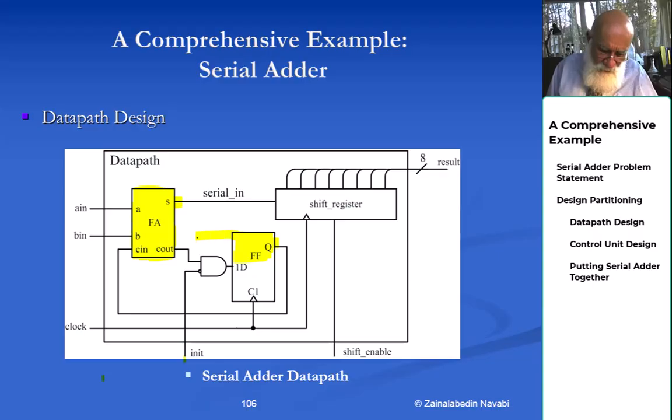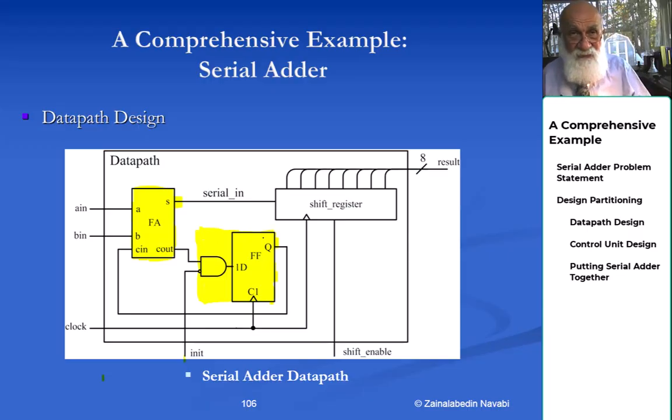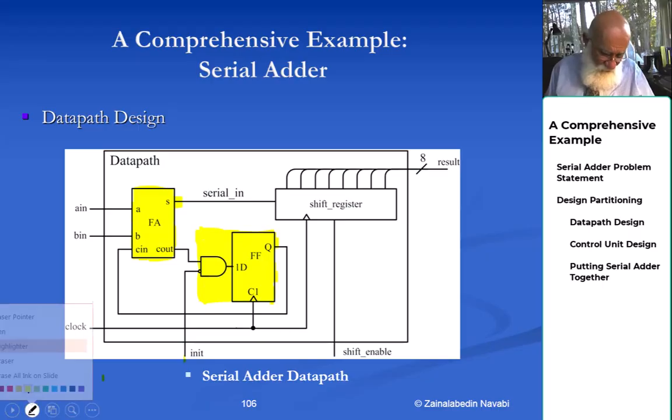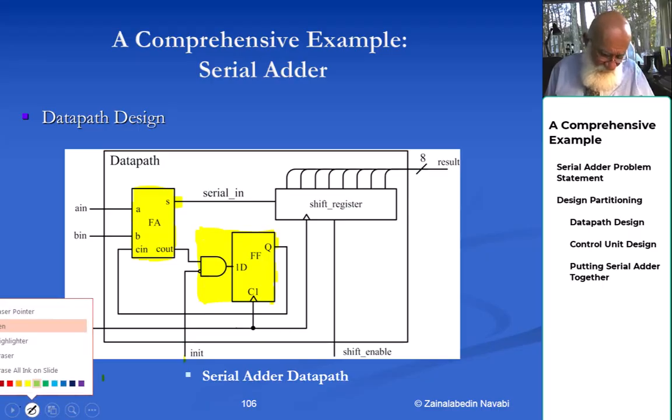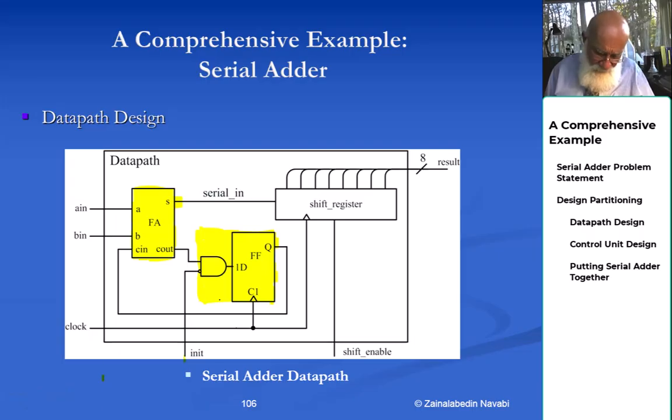This together with this is another one of my components. This flip-flop has a synchronous reset input, which I'm calling the init signal. Now I decided that init is also a signal coming from the controller, which in my first diagram I showed as red.